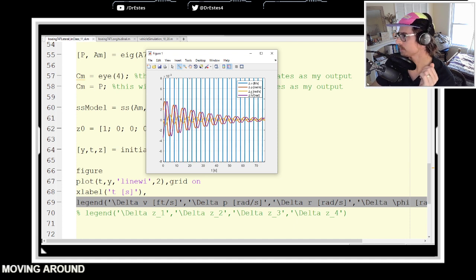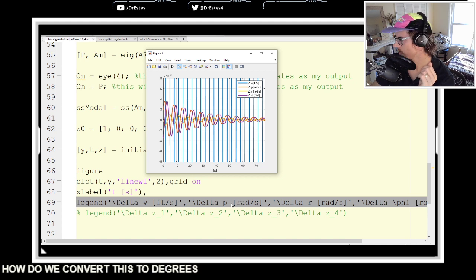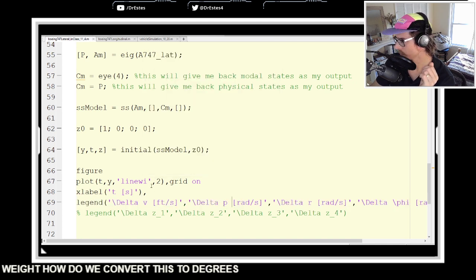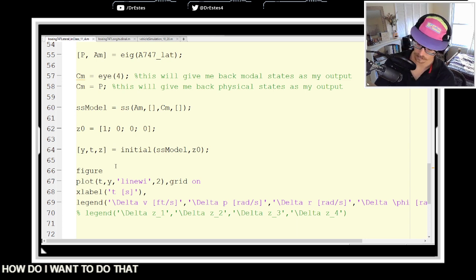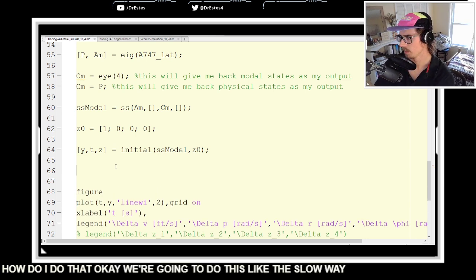My roll angle is changing. Wait, how about we convert this to degrees? That'll be more interesting. Okay, we're going to do this the slow way. V is Y1 in feet per second.